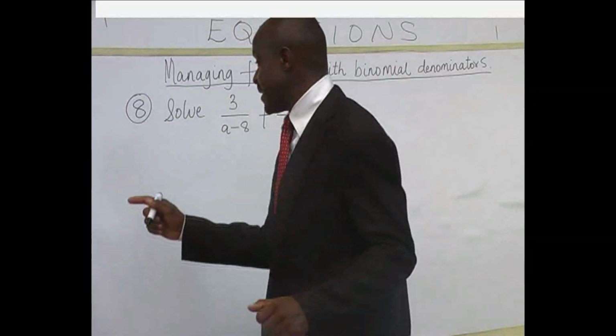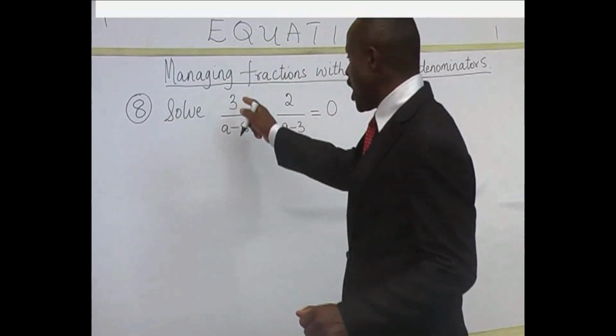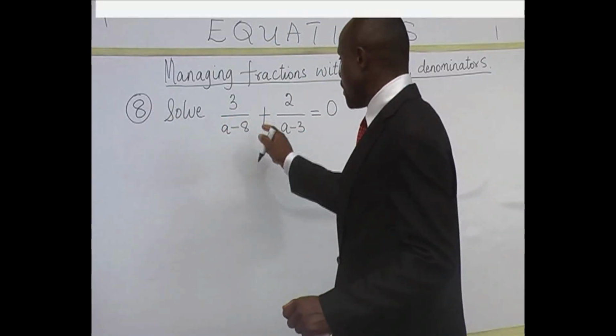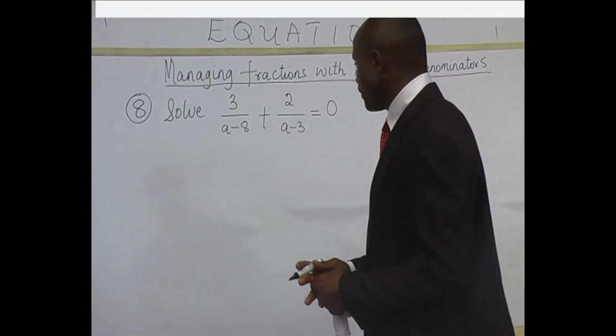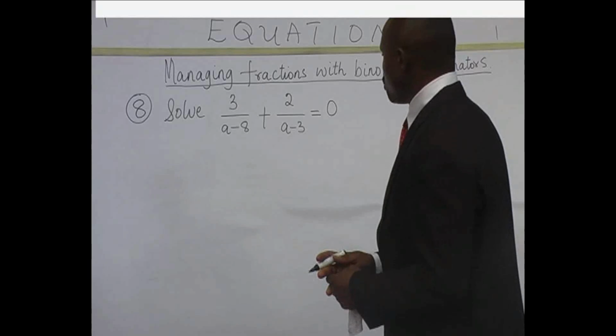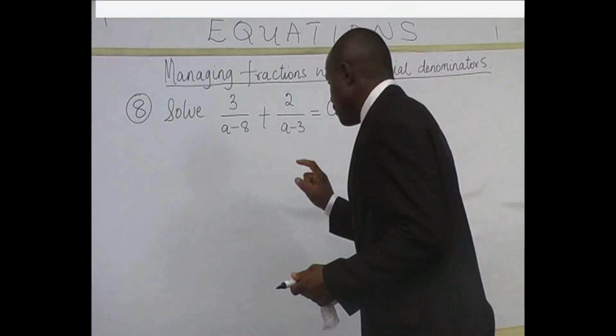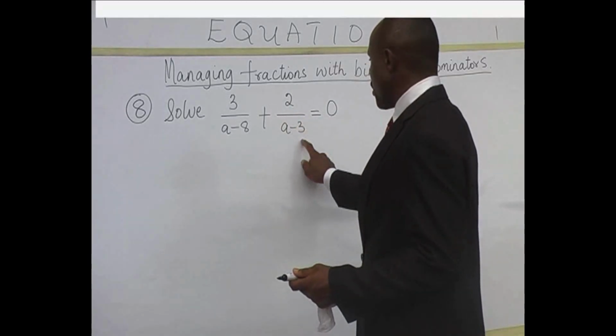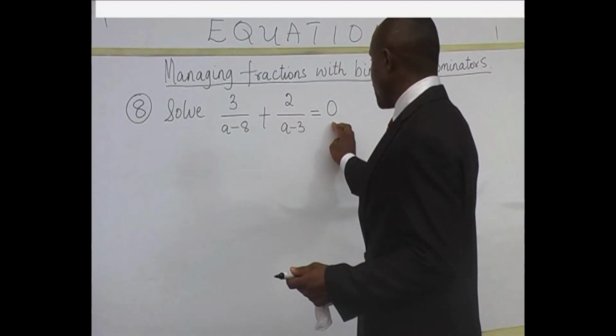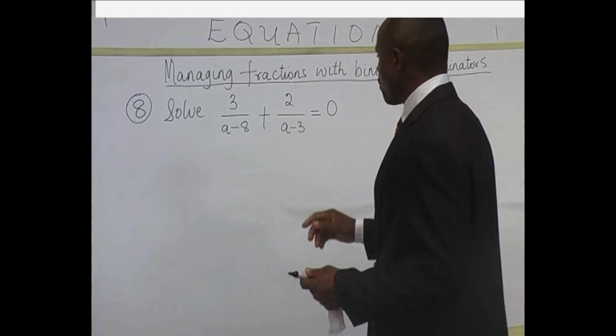Question number 8 says that we should solve 3 all over a minus 8 plus 2 all over a minus 3 is equal to 0. What you are going to do now is move plus 2 all over a minus 3 from the left hand side of the equation to go and meet 0 in the right hand side of the equation.